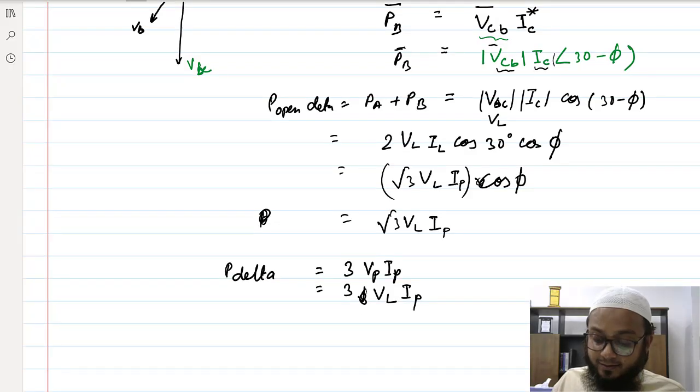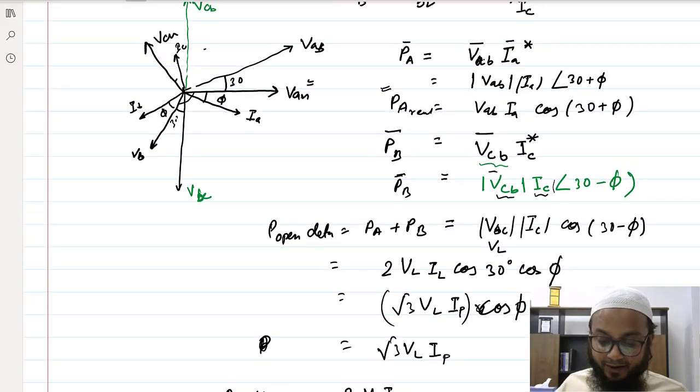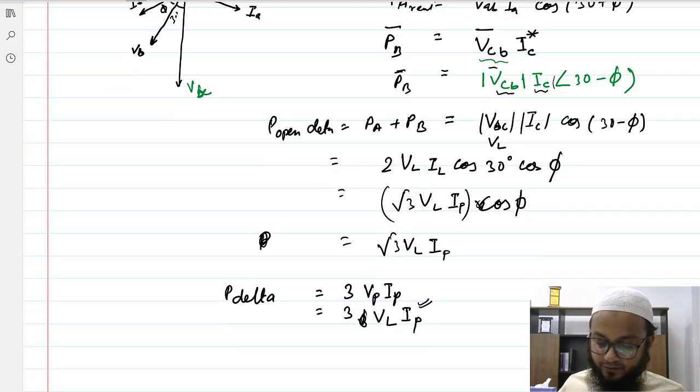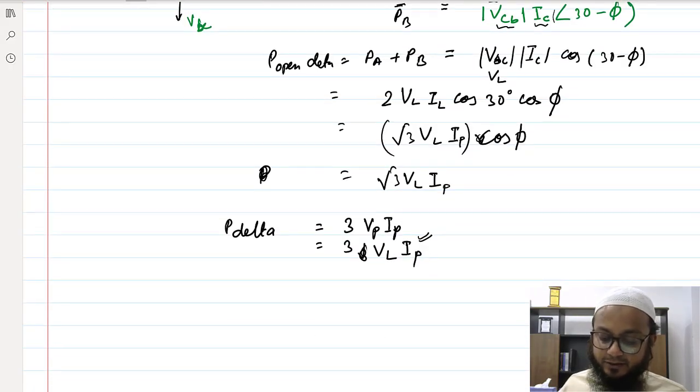Here I'm not converting the phase current into line current, because in an actual delta connected circuit, line current would be different. But here the magnitudes of line current and phase current are the same. Whatever current is flowing in the winding of this transformer is the line current as well. That's why this would be 3 VL IP.